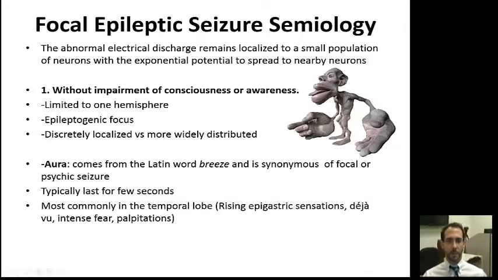So in regard to focal epilepsy, it's typically limited to one hemisphere. It's considered an epileptogenic focus, typically discretely localized versus more widely distributed. The patient can describe something called aura, and the word itself comes from the Latin word for breeze, which is synonymous with focal or psychic seizure.